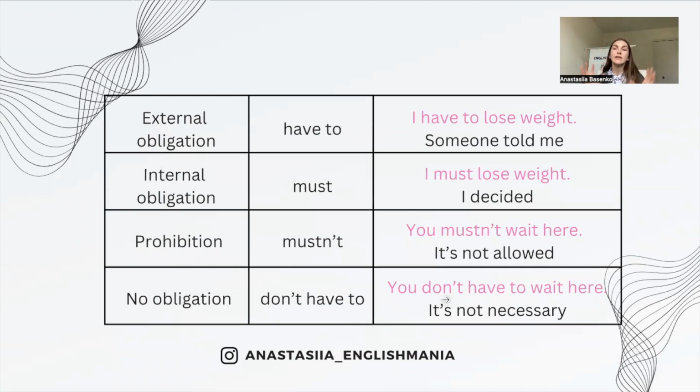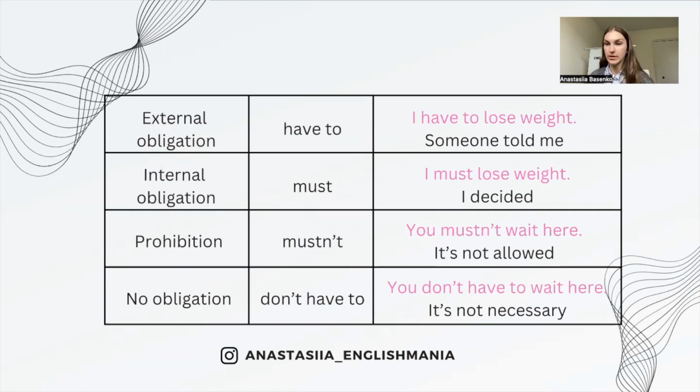And let's summarize everything that we covered in the table. So if you want to talk about external obligation, you should use have to. I have to lose weight. Someone told me. If you want to express internal obligation, you should use must. I must lose weight. Like, I decided. When we talk about prohibition, we use mustn't.